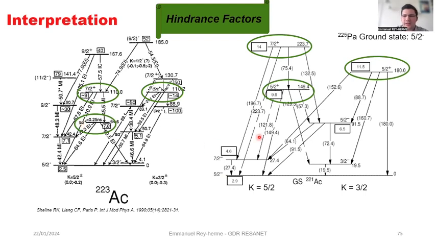A second thing that is similar in both level schemes is the presence of low hindrance factor toward positive parity states, whereas the ground state of the parent nuclei is a negative parity state, hindrance factor around 10. And this was one of the signatures of octupole collectivity that we mentioned at the beginning.